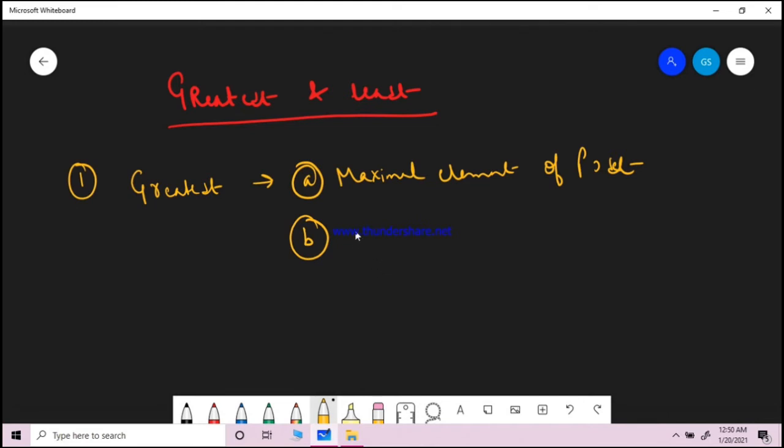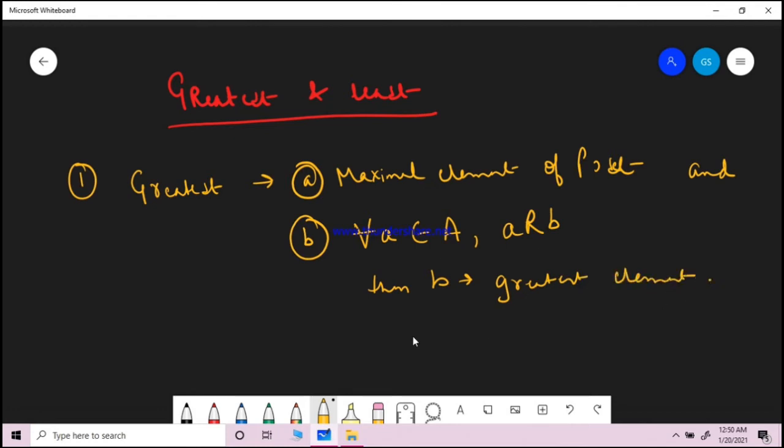And also, for all A belonging to the set, if A is related to B, then B is called the greatest element. What does that mean? Just telling you.